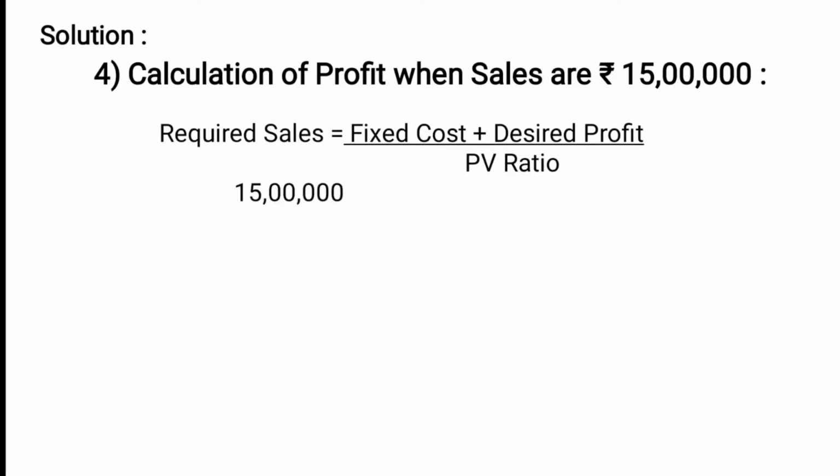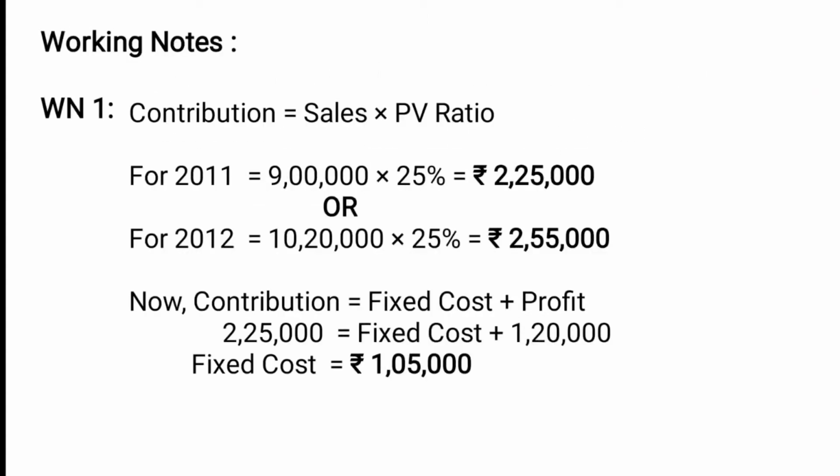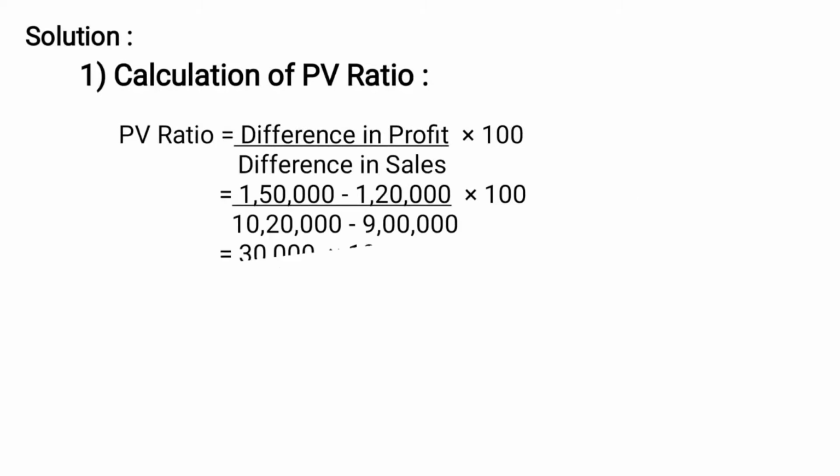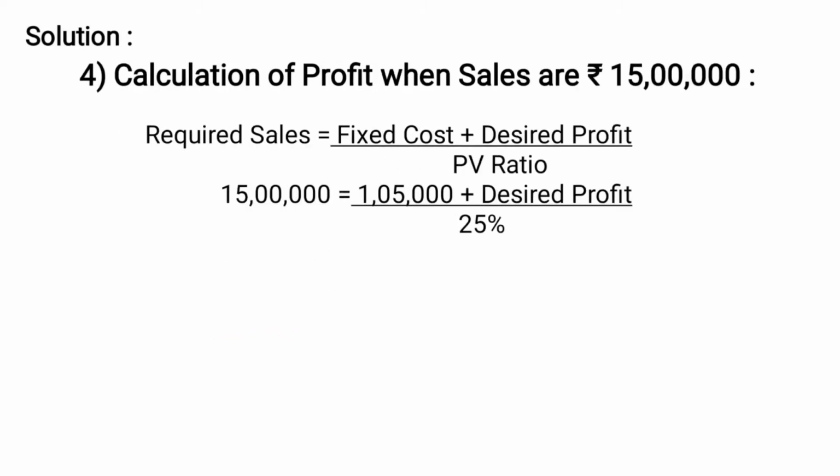So required sales amount is given as rupees 15 lakhs, which is equal to fixed cost, that is rupees 1,05,000 plus desired profit divided by PV ratio, which is 25%. So desired profit is equal to rupees 2,70,000.